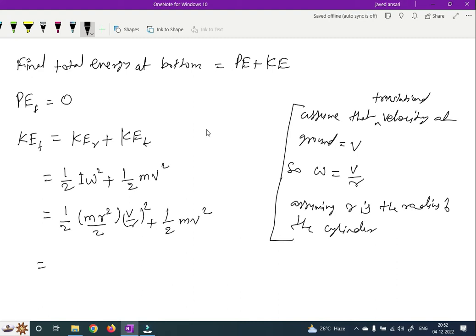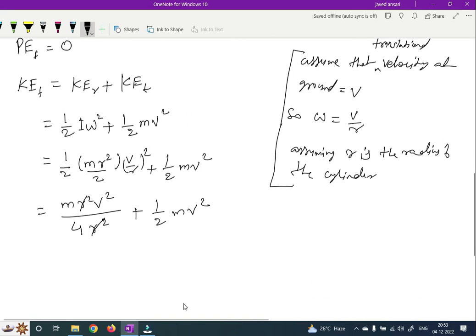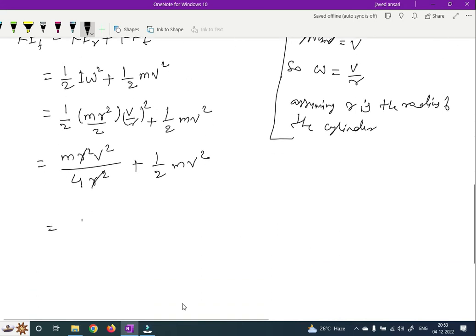How much does it all add up to? It will become mr square v square divided by 4 r square plus half mv square. The r square you can cancel, right? So r vanished. Now let's see how much it will become.